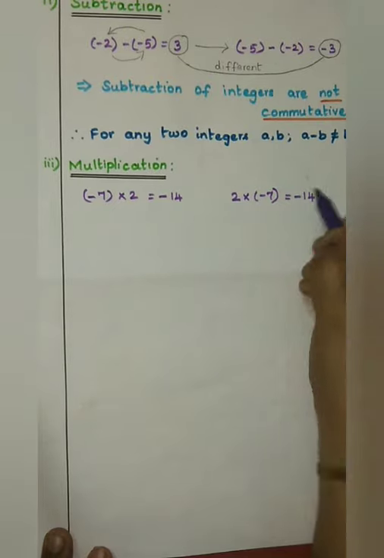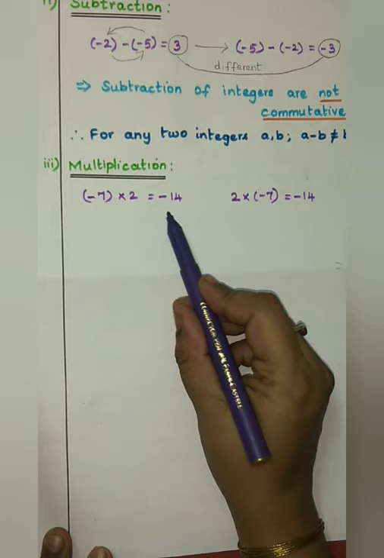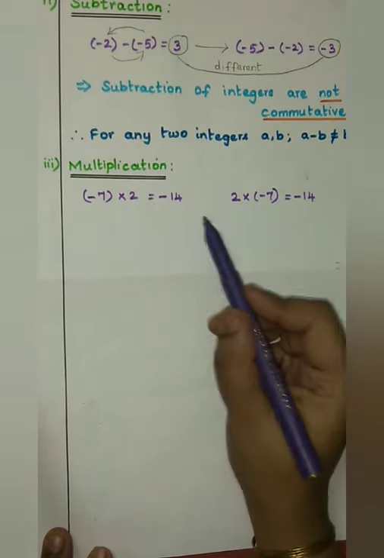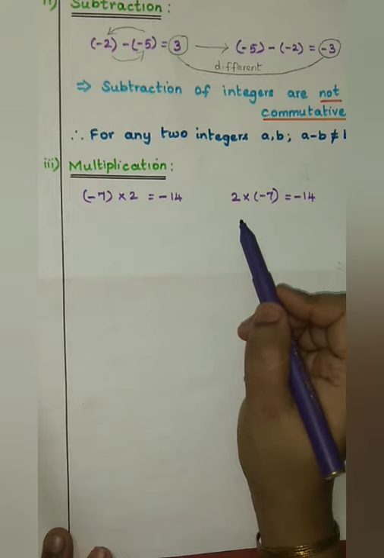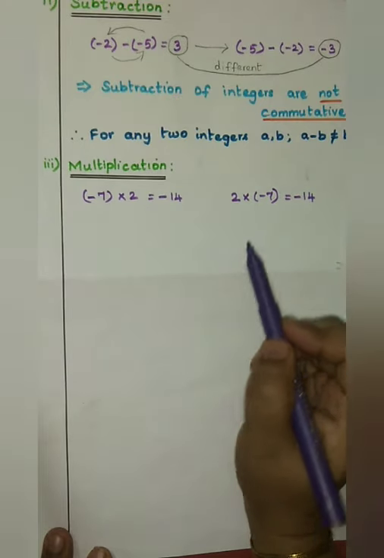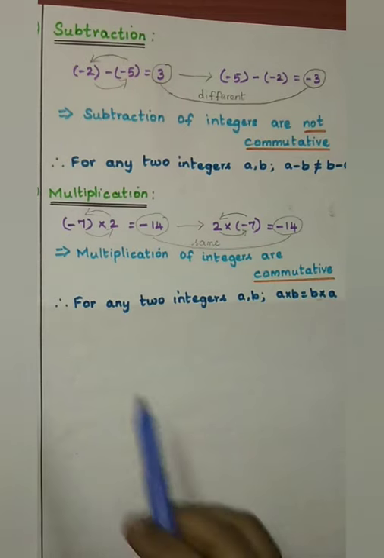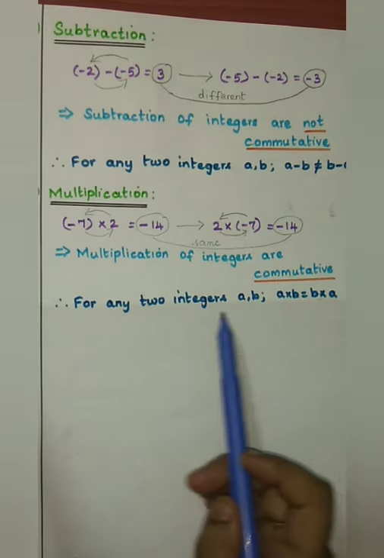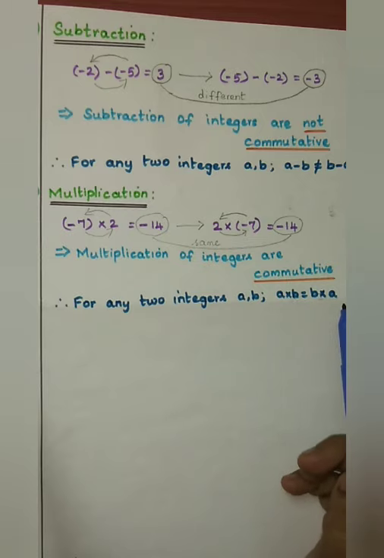Minus 14. Compare the results. What do you see? The results remain the same. In both the cases, the product is the same integer. So changing the order of multiplication does not change the value of the product. Hence, we conclude the multiplication of integers is commutative. Therefore, for any two integers a, b, a into b is equal to b into a.